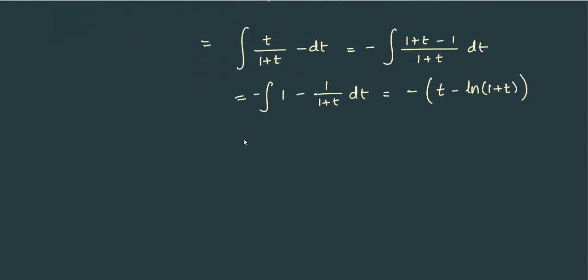Replace t by e power minus x. So minus of e power minus x plus log of 1 plus e power minus x. So this is v.